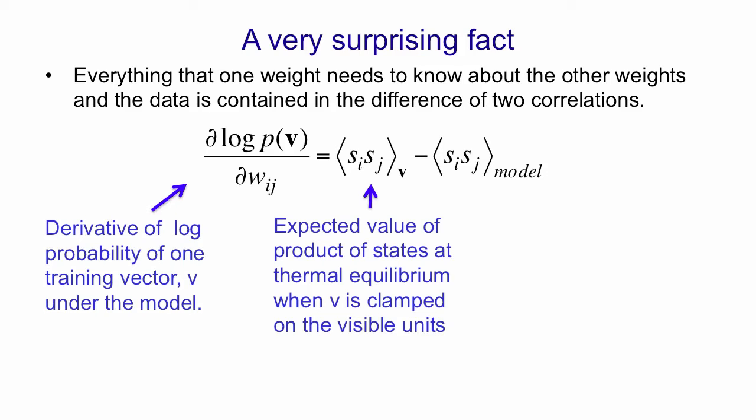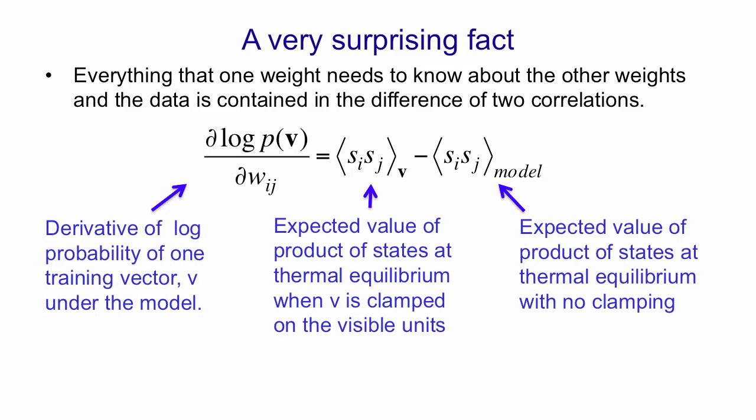That is, how often are i and j on together when v is clamped on the visible units and the network is at thermal equilibrium, minus the same quantity but when v is not clamped on the visible units.